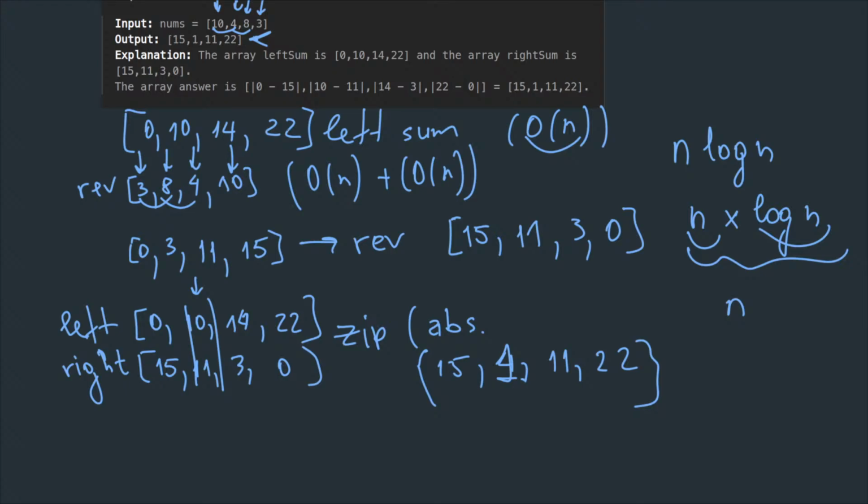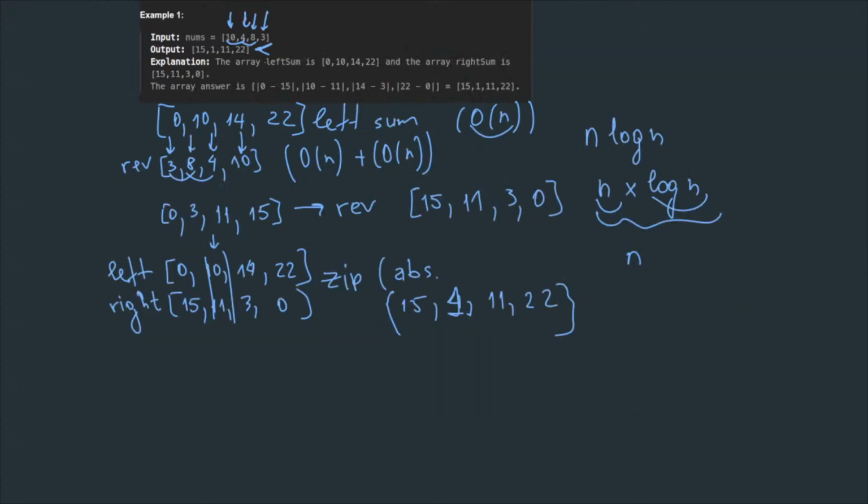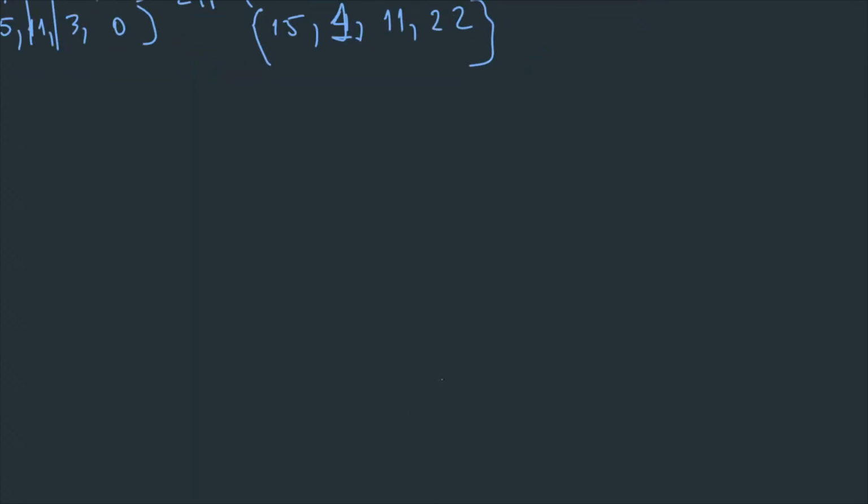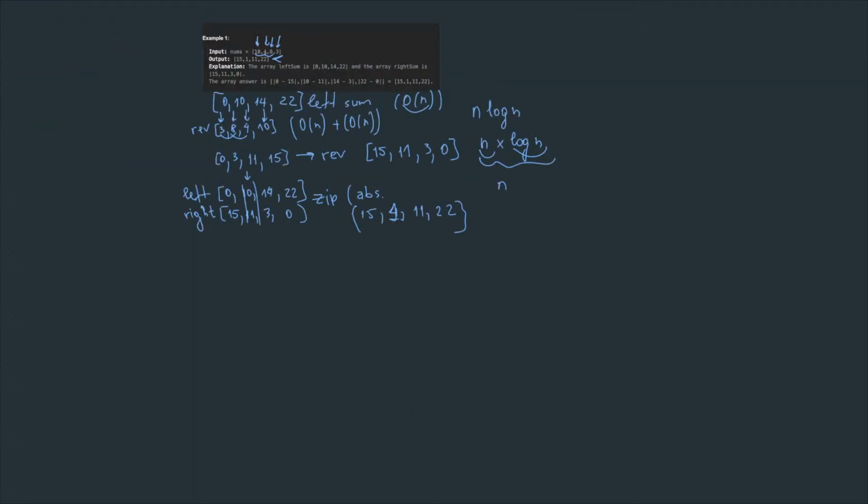Because in any way, in order to get the sum of all elements, let me move a little bit down. So in order to get the sum of 10, 4, 8, and 3, imagine there are more, like 5 and 6. Let's put a couple more.